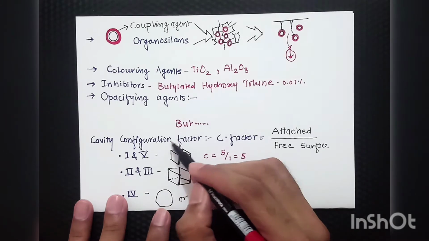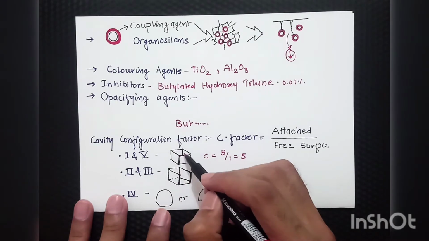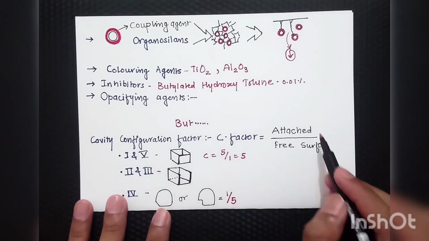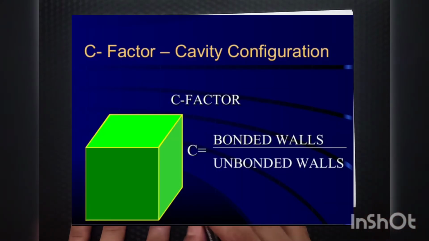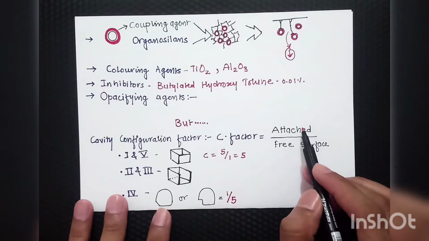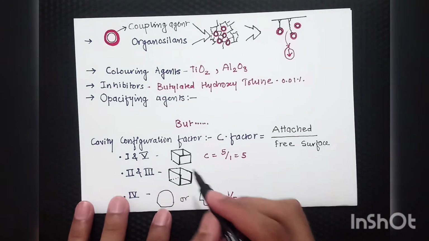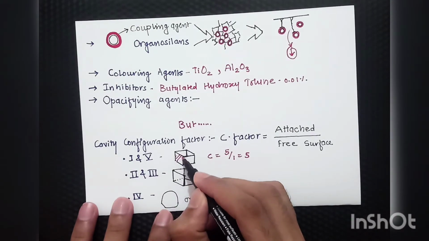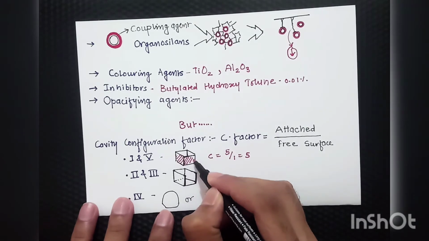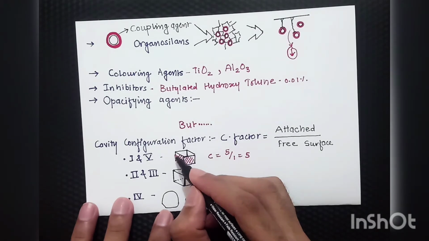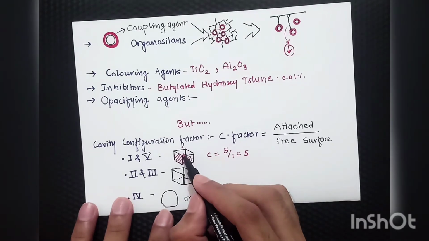That is, when we add material to the prepared cavity, we divide the attached surface by the free surface. So in class 1 and class 5 cavity preparation, we have 5 attached surfaces and 1 free surface.